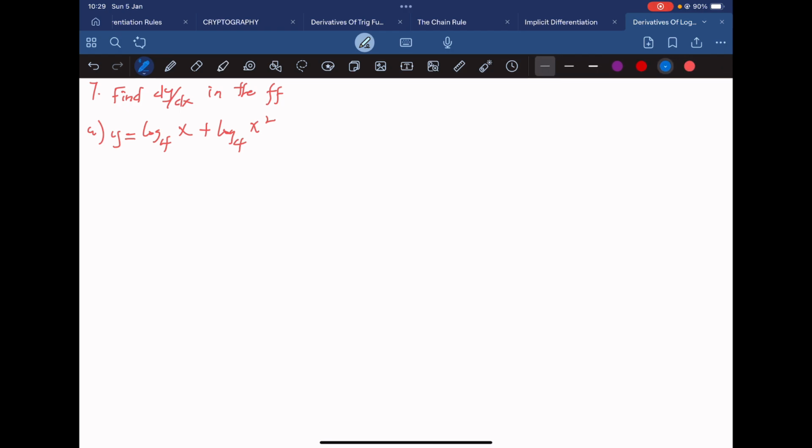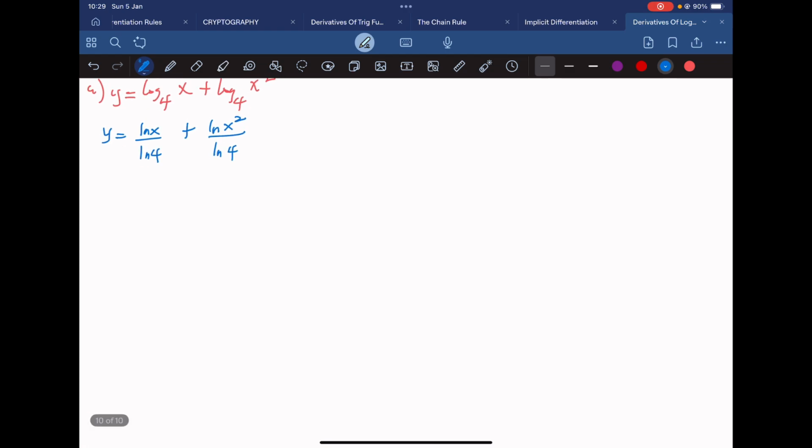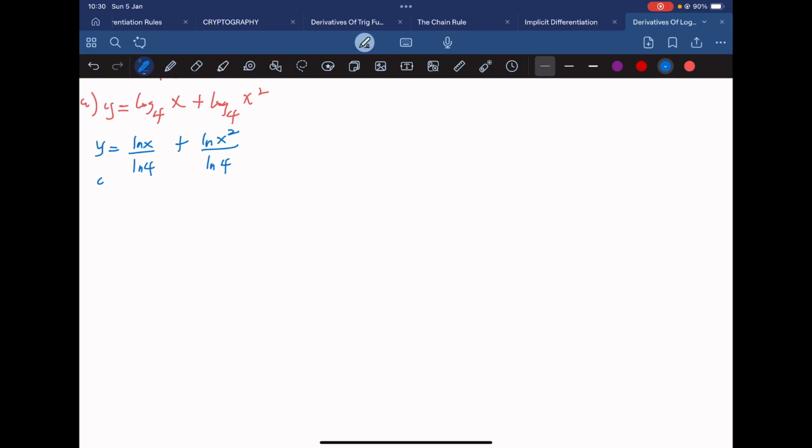Okay, so we have to differentiate this with respect to x. First of all, let's rewrite the expression. So if you have log base 4 of x, the same as ln of x dividing ln of 4. The next one is the same as ln of x squared dividing ln of 4. Now, in differentiating, the left hand side is going to be dy/dx.